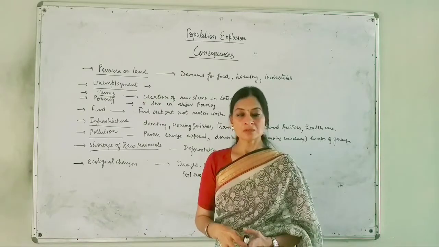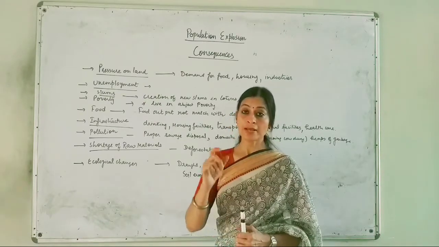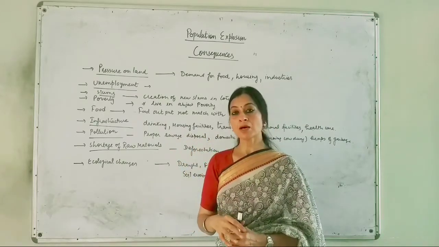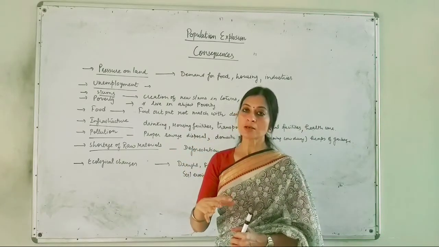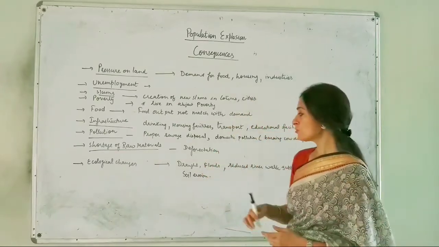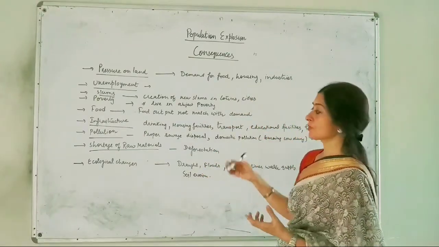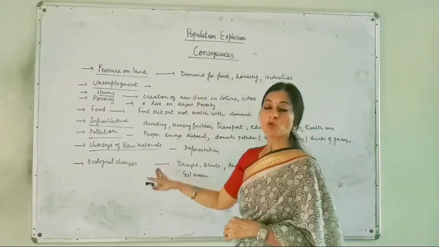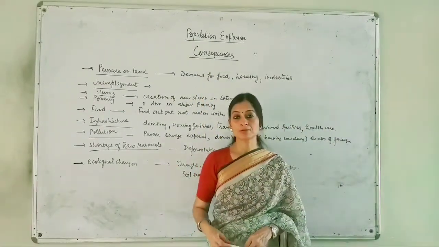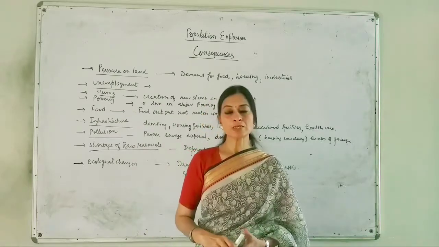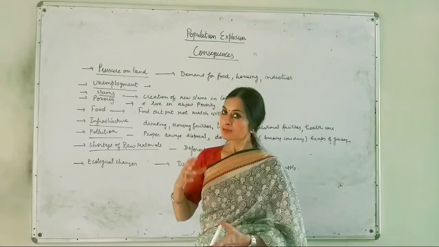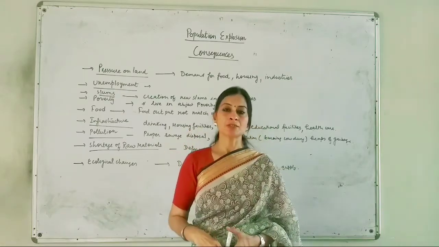This is why there are a number of calamities and natural disasters which are the result of this overgrowing population. So these are the consequences of population explosion and the major problems in our country.